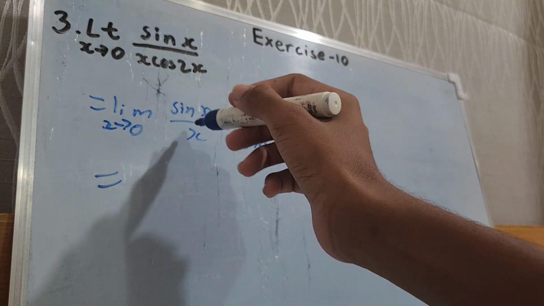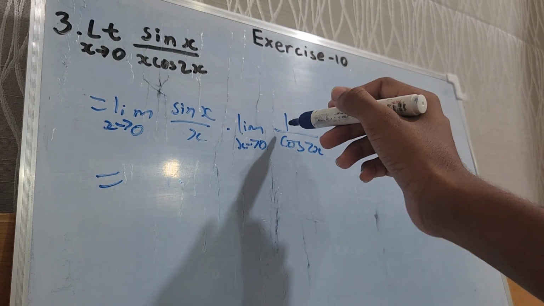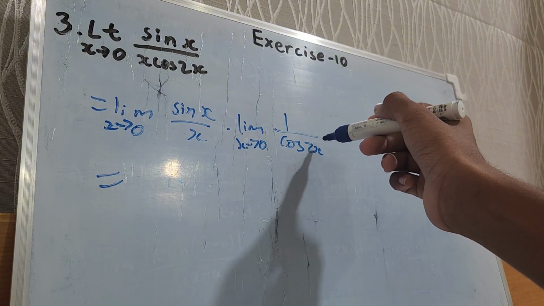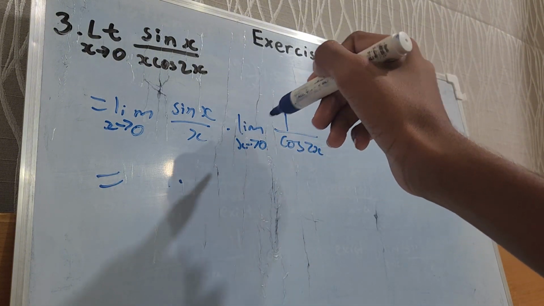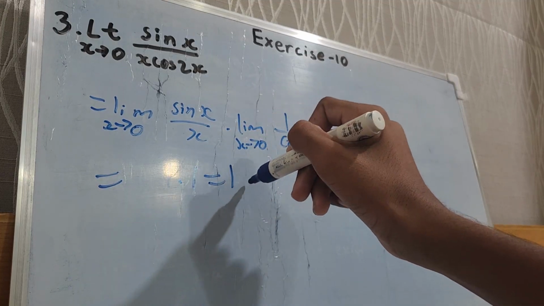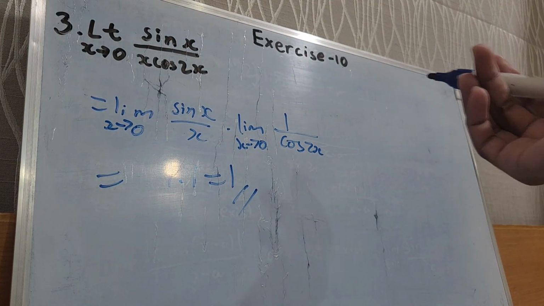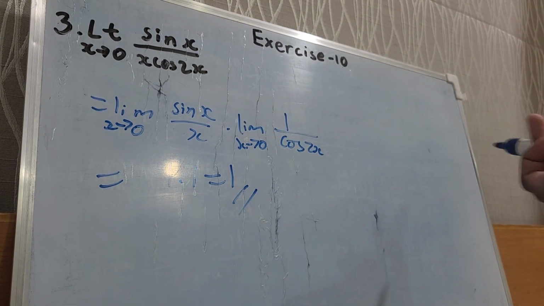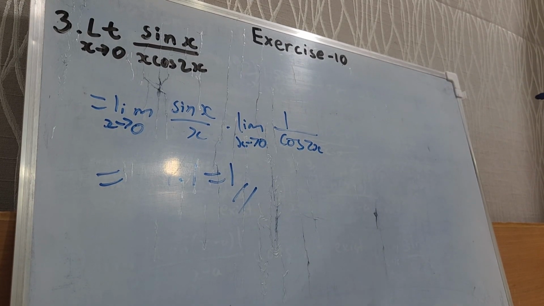Sine x by x is 1. For 1 by cos 2x, substitute x as 0: 2 into 0 is 0, cos 0 is 1, 1 by 1 is 1, which is equal to 1. The problems are easy, right? As I told, you just need to know the formula and you can easily do it. Now we'll go on to the fourth problem.